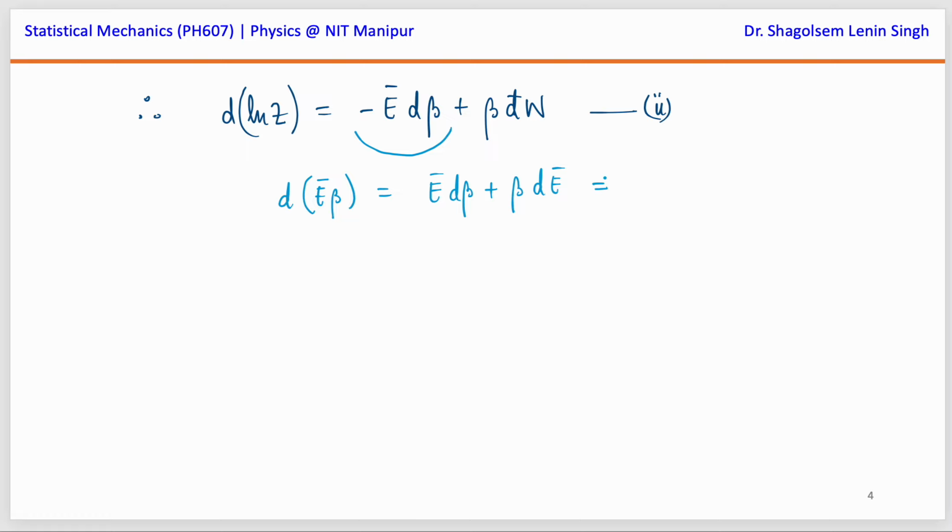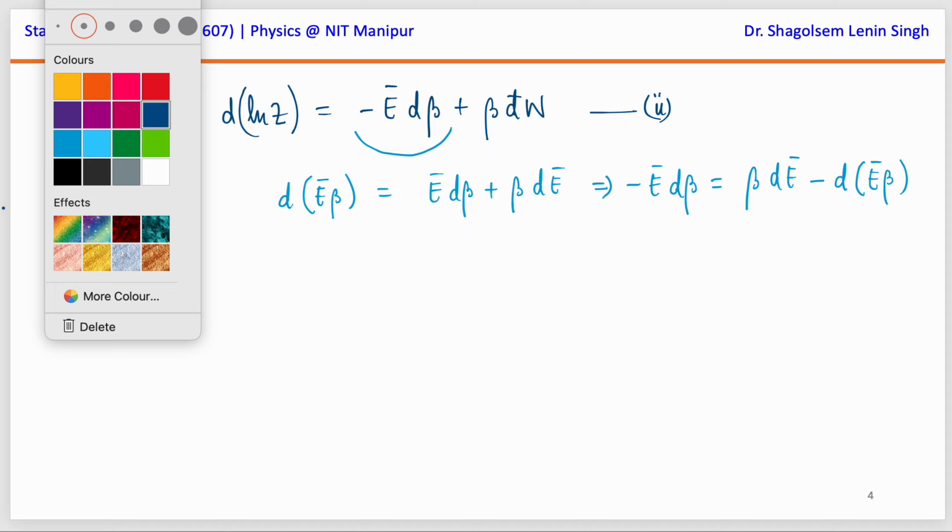So this implies we can write negative E bar d beta, you just take it to the other side, to be beta d E bar minus d of E bar beta, right? So let's just make use of this and rewrite the above expression.